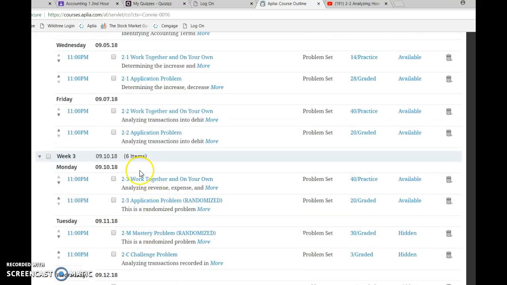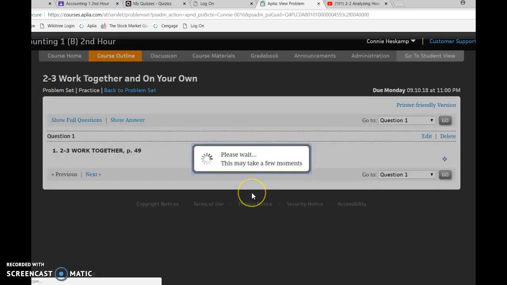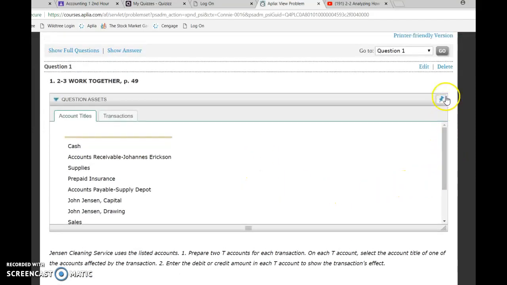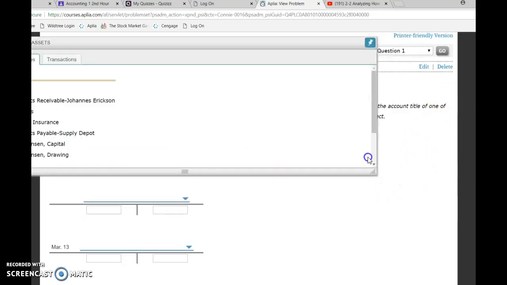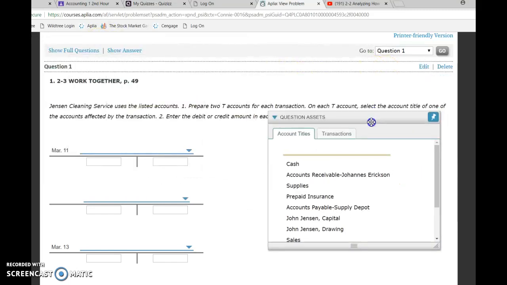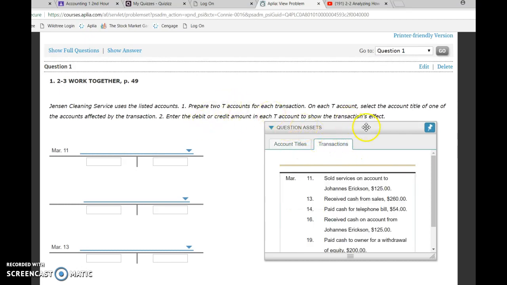All right, so let's work together. Okay, so in our question assets box, we have account titles and transactions.